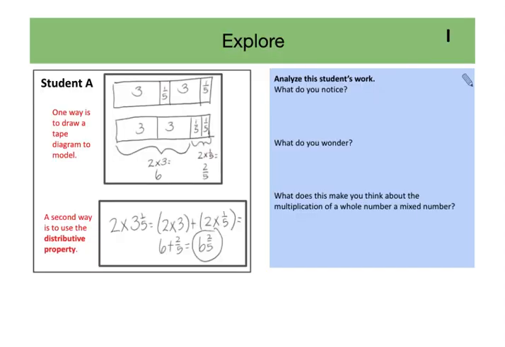So slide I shows these two examples here. It shows way number 1, which is more of a representational example, and then a more concrete example where they're using the distributive property. Again, you'd like to go through the CRA sequence. So if your students don't use a representational model, this would be a go-to slide.